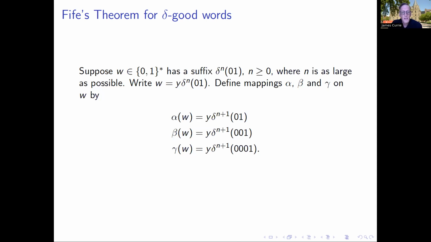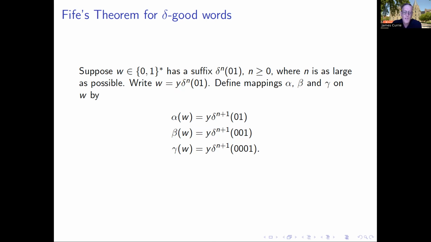Looking at this in a different direction, suppose I start with a finite word w, which has a suffix delta to the n of 0, 1, where n is greater than or equal to 0, and n is as large as possible. I'll write w looks like y delta to the n of 0, 1. We define mappings alpha, beta, gamma on w by, we keep the y for alpha, and then we follow by delta to the n plus 1 of 0, 1.